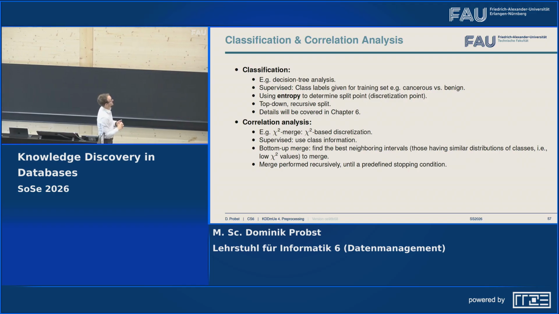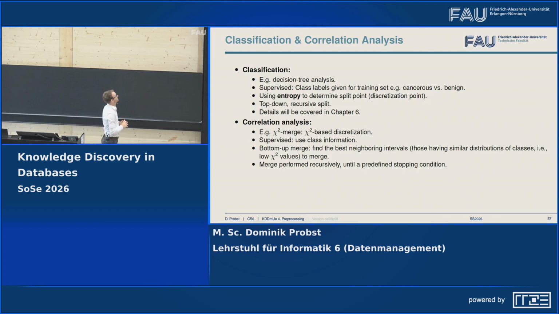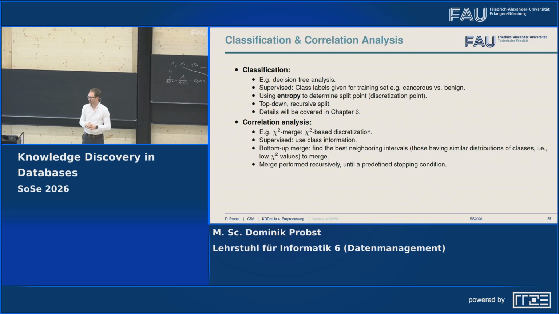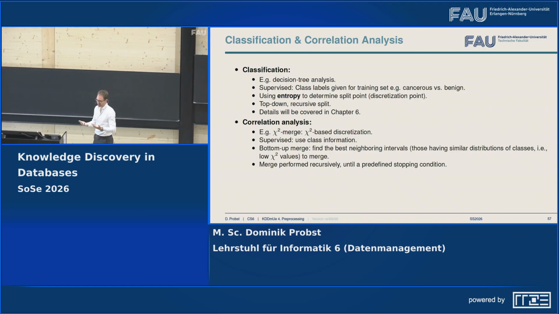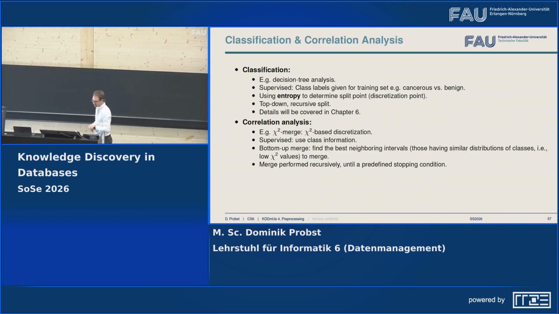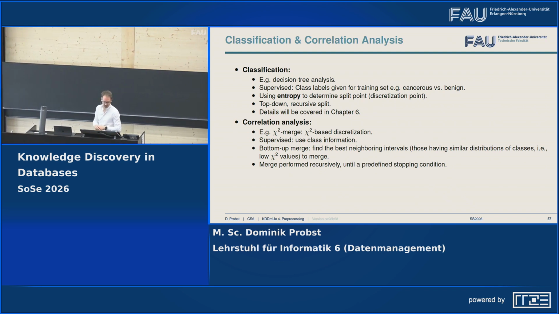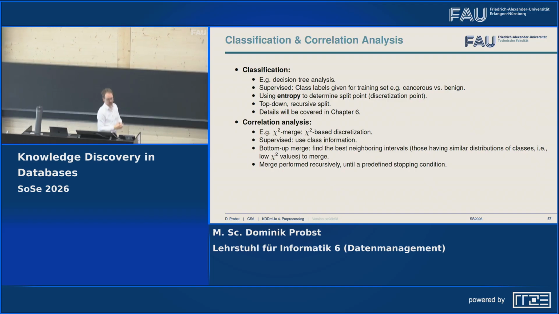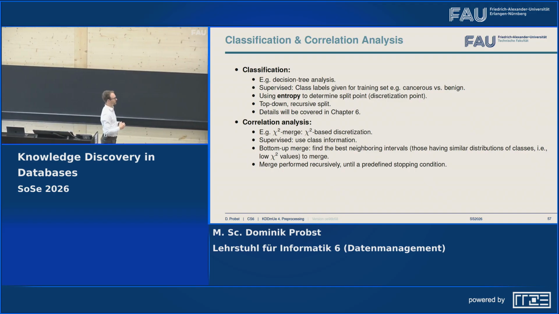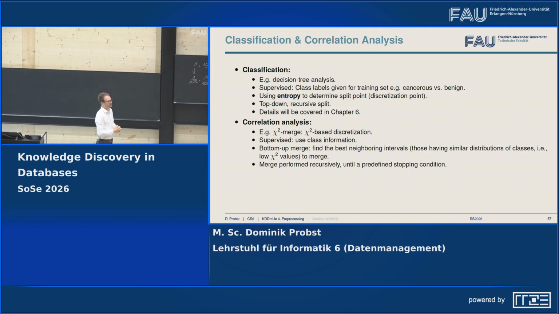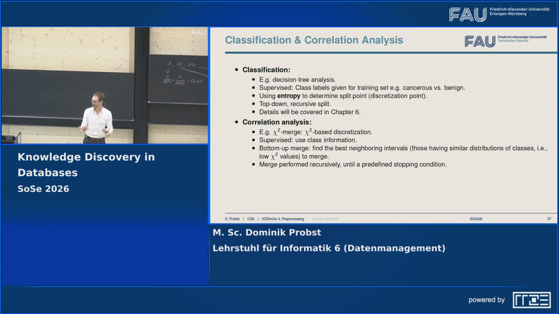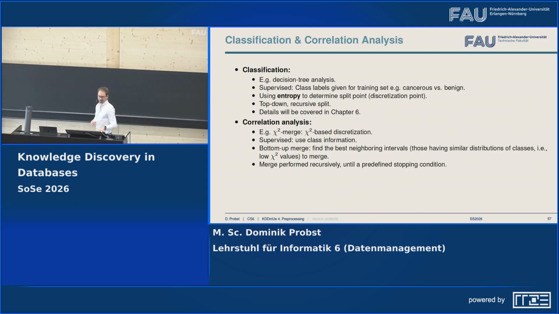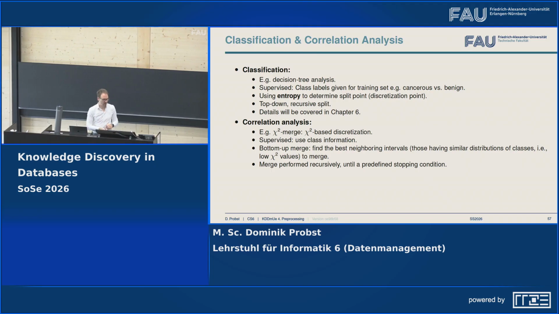Then we have correlation analysis, where we can, for example, apply methods like chi-squared merge or a chi-squared based discretization, where we also try to find class information and try to merge fitting classes together. We end up at a hierarchical scale until we end up at a certain stopping condition.